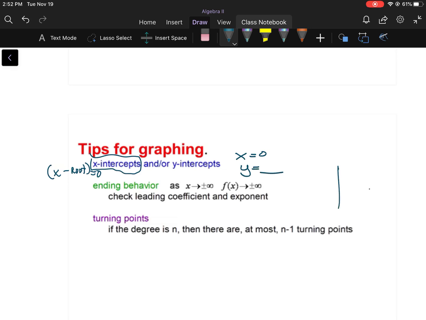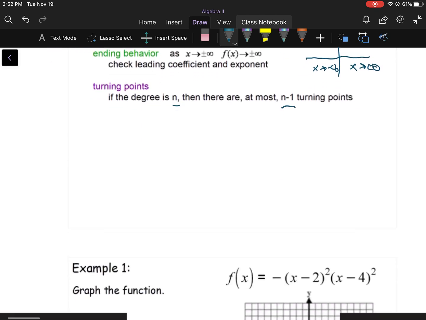You've got your end behavior, so by looking at the degree and your a value, you can tell what happens on the left side of the x-axis and what happens on the right side, if it goes up or down. And then of course you've got your turning points, and that is your nth degree. You go n minus 1, and that's going to be the most amount of turning points that graph has.